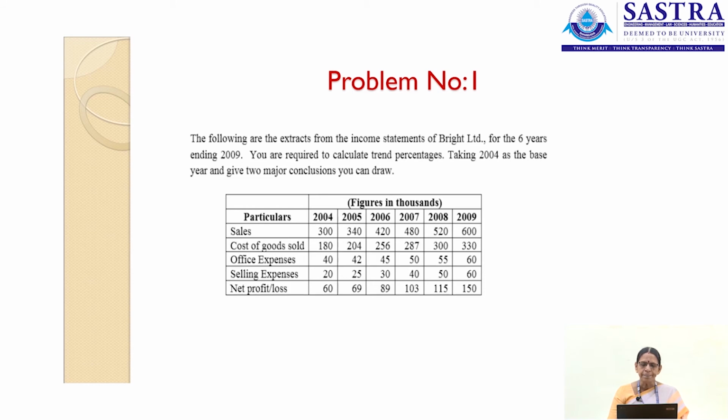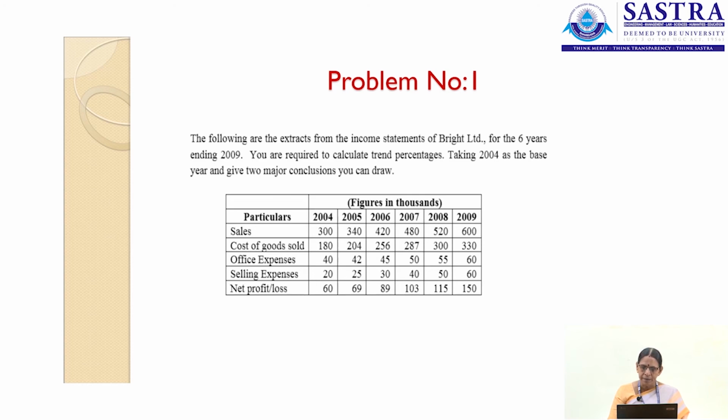From 40 to 42 we have an increasing trend. Again from 42 to 45 we have an increase in the increasing trend. Here we have 2,000 as increase, here 3,000, and again 5,000, which is a further increase in the increasing trend.